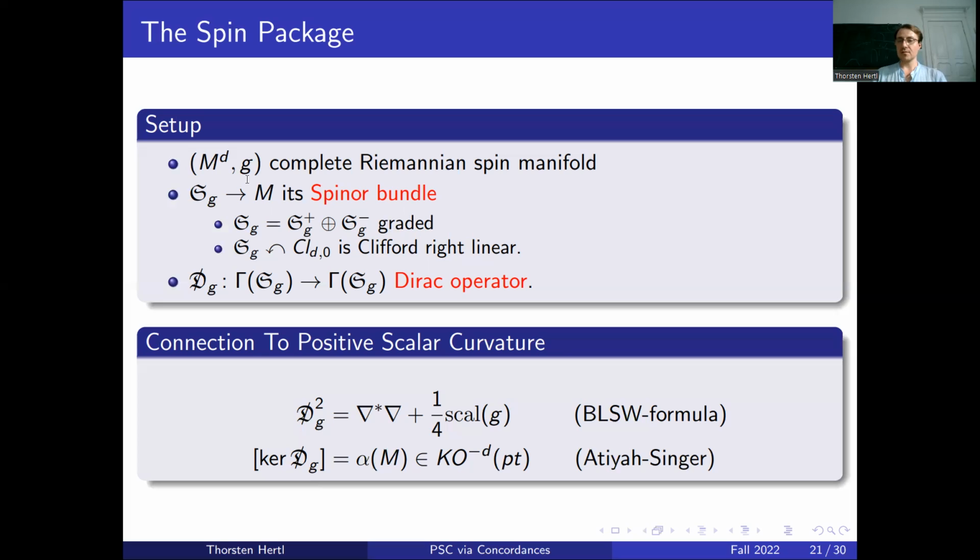The reason why we are interested in spinor bundles is that there is a nice operator acting on the sections of this bundle, namely the Dirac operator. This is a first order linear, self-adjoint and elliptic operator, which is also Clifford linear, because I work in a Clifford linear setup.